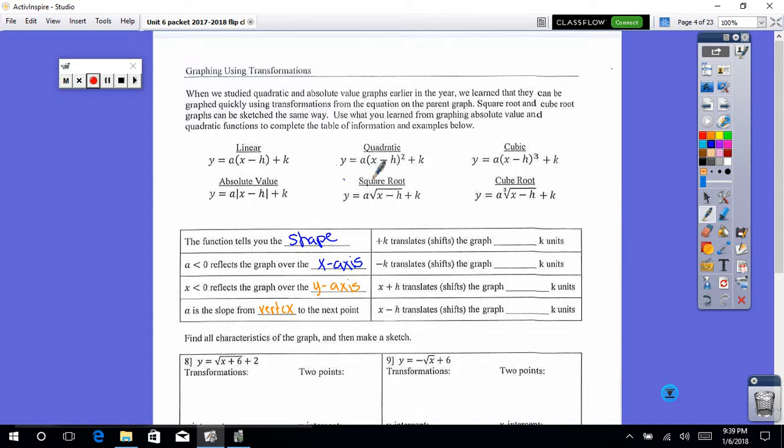Okay, if I add a k onto the back of any graph, I'm going to move it up however many units that is. If I subtract a k, I'm going to move it down. Okay, think of it, k is a y coordinate. Positive y, move up. Negative y's, move down.